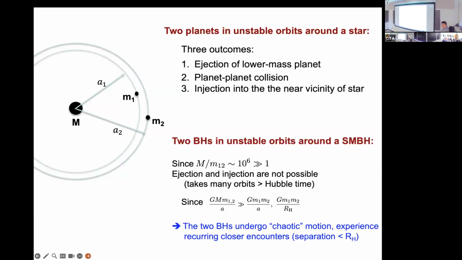Here it's essentially the same problem, but with two little black holes orbiting around a supermassive black hole. The only difference is that the mass ratio is much more extreme.